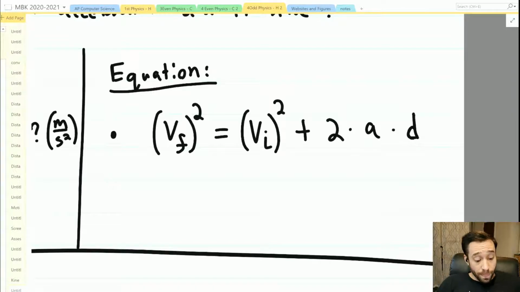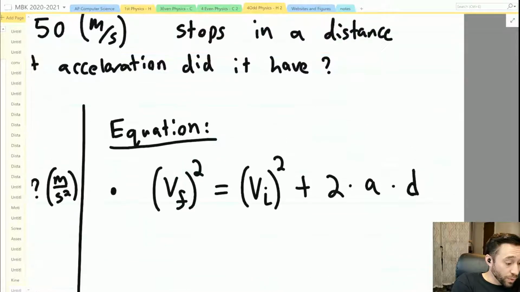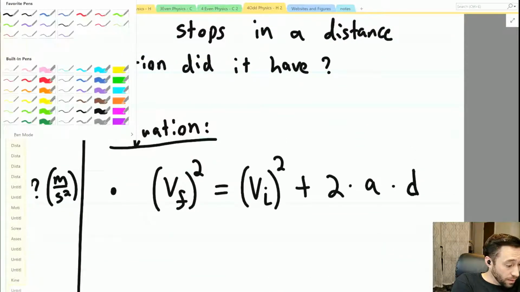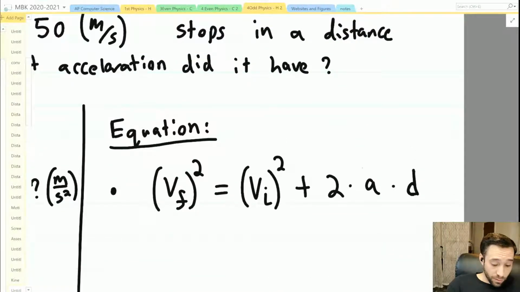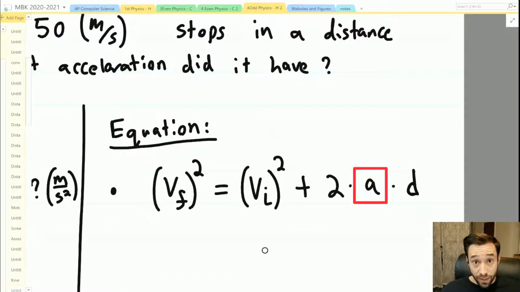So, what we're going to do is we're going to solve this algebraically first. We're going to solve it for my acceleration first. And then, once we have acceleration on the left side of the equation, by itself, and all the other variables on the other side, then we're allowed to plug in.